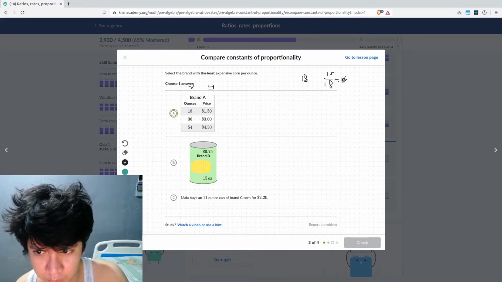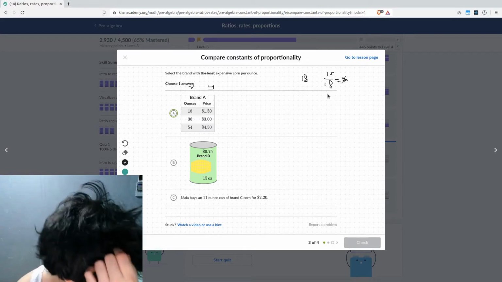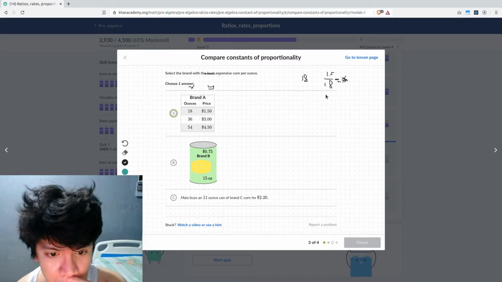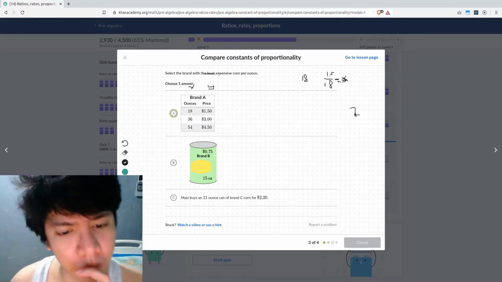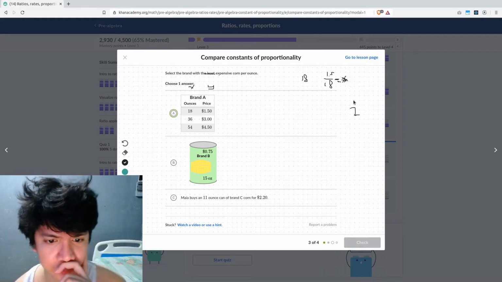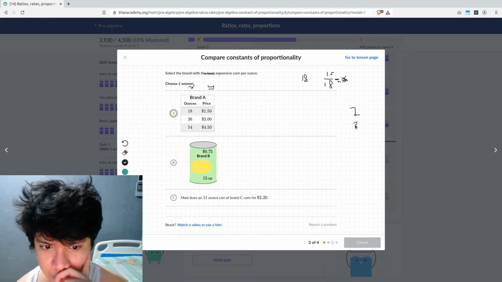Are we going to find like this proportionality thing? Oh my god, this is insanely hard. So 1.5 to go from this is like twice. Wait, what? Let's say 36 divided by 3, which would be 12. Right.